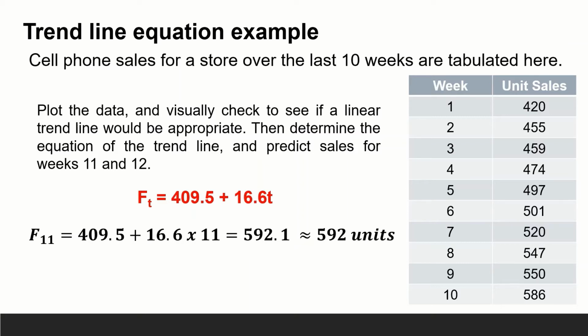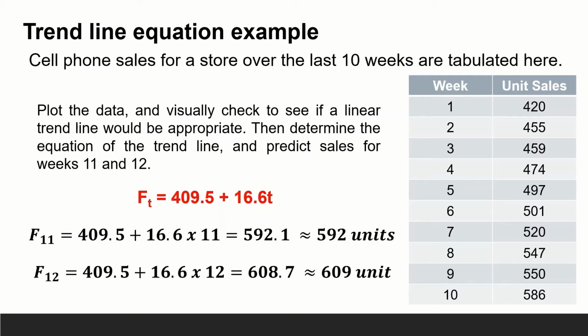While for week 12, F12 equals 409.5 plus 16.6 multiplied by 12 equals 608.7, approximated to unit to be 609 units. In another video I will show you how to solve such problems by spreadsheets or scientific calculators.